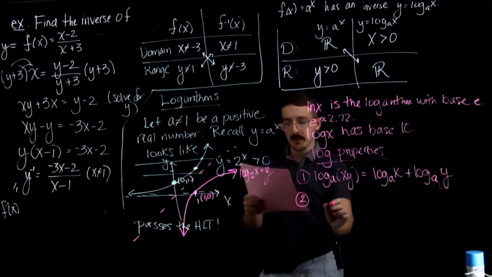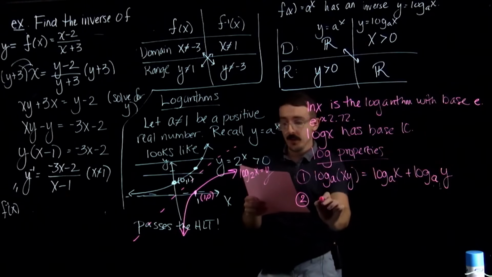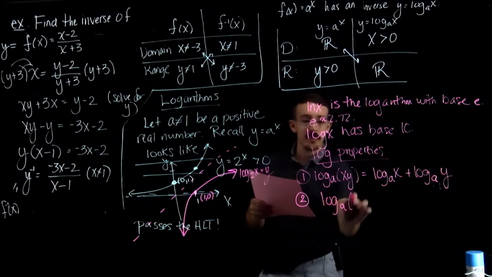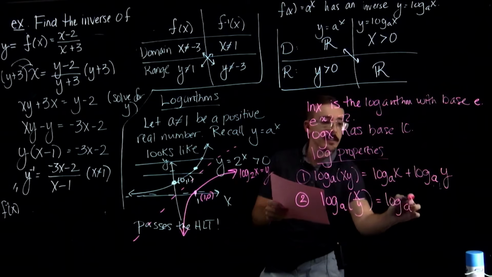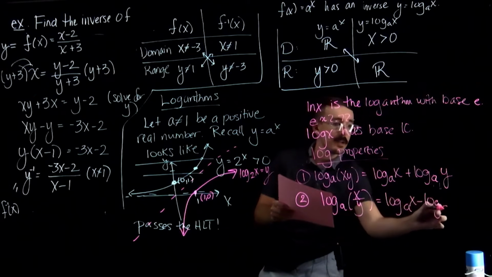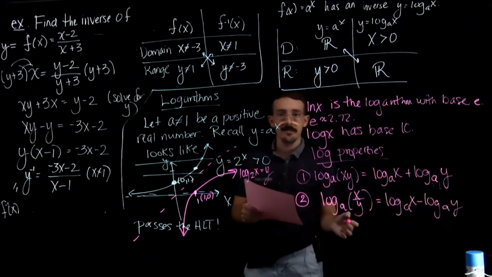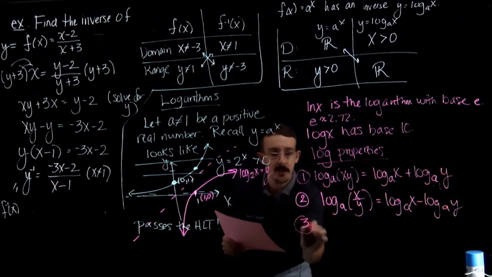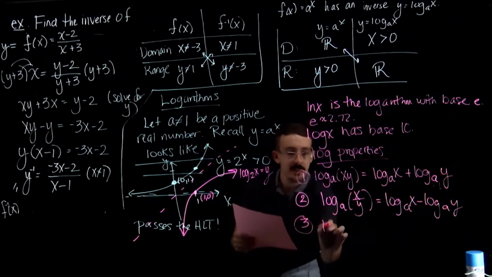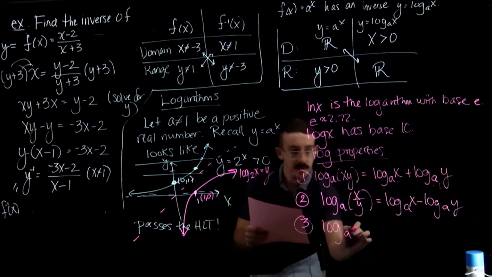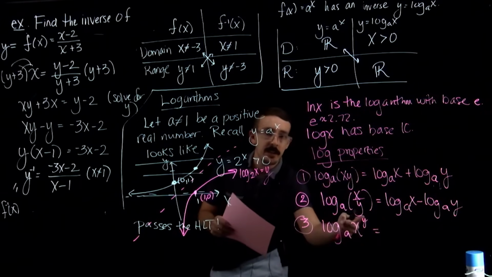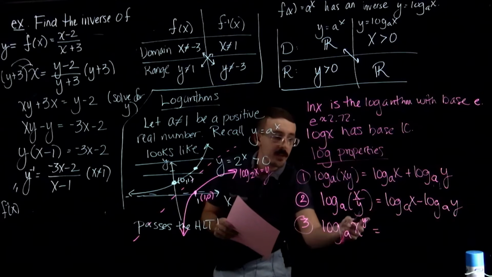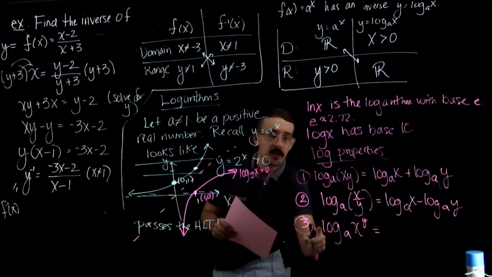There's also a similar one for subtraction. So we're going to have log base a of x divided by y. This is log base a of x minus log base a of y. And then the third one that you should know is that log base a of x to the y, you can take an exponent that's with the argument, and you can bring it in front.